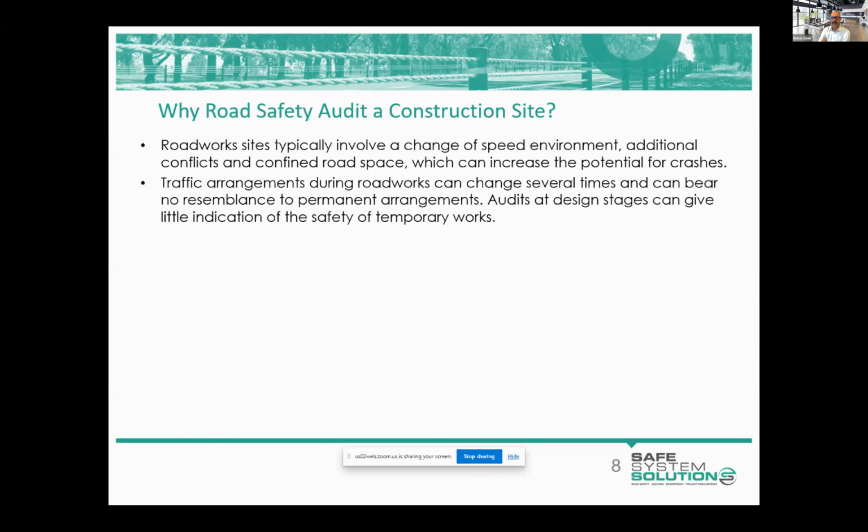TGS is the actual plan for implementation. Traffic guidance shows the flow of traffic when the site is set up, and TMP shows the risk. It's a report. Traffic guidance scheme is a plan showing temporary traffic management. TMP is a full report that includes the traffic guidance scheme.